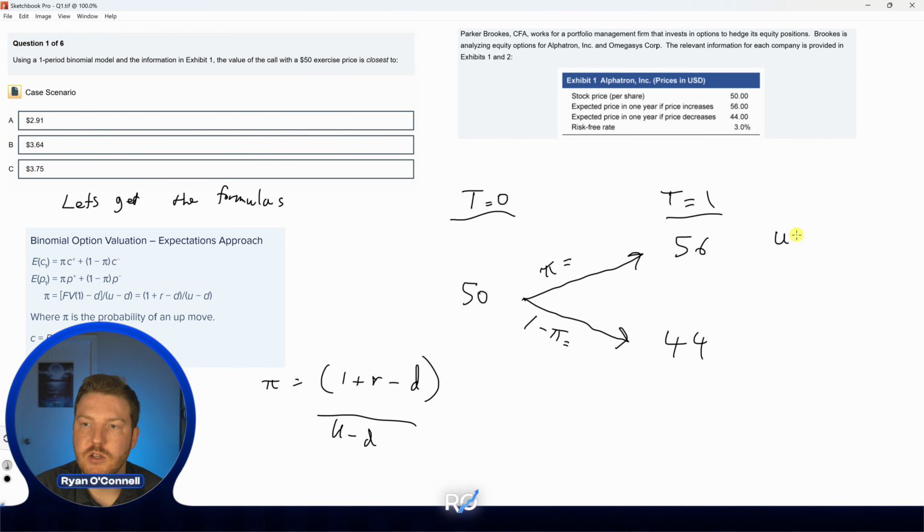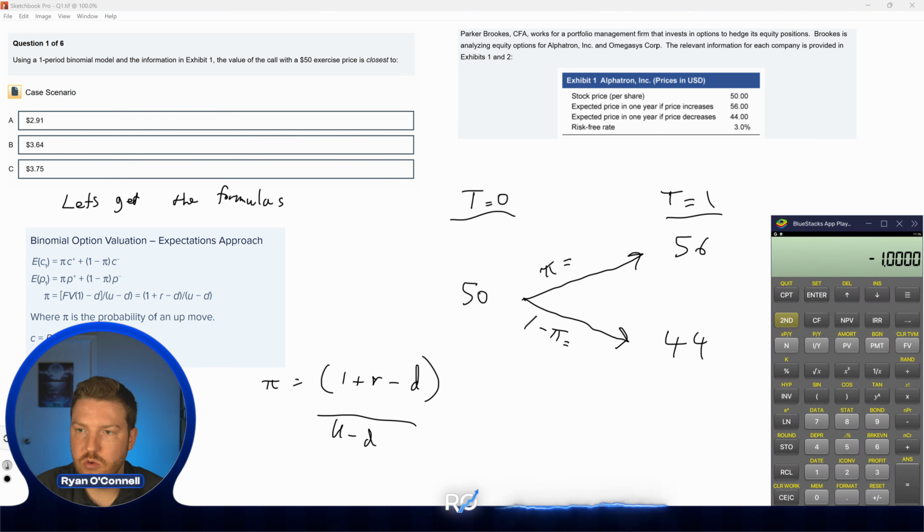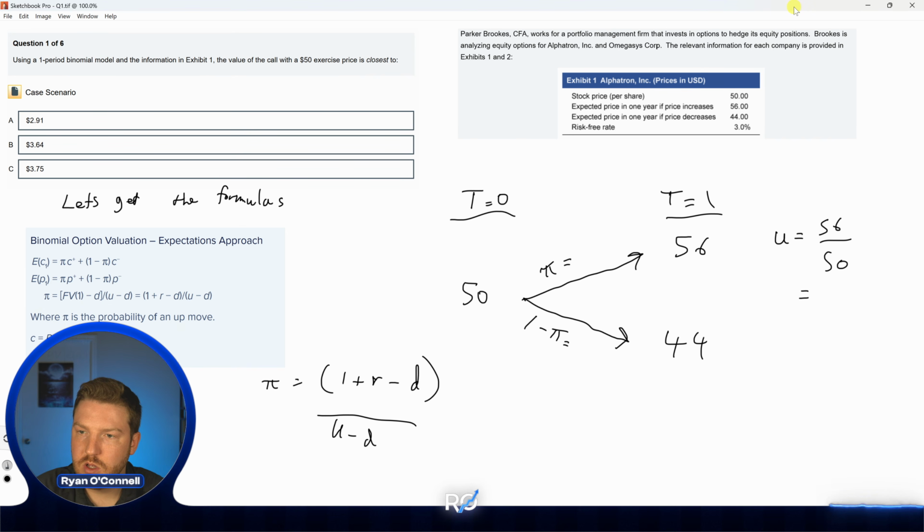The up factor is the amount the value becomes when the price goes up divided by the value it started at. So the up factor is 56 divided by 50, which gives us 1.12. Our up factor value is 1.12.